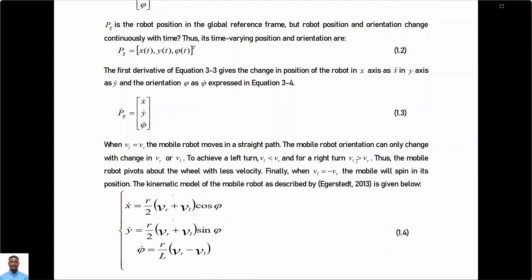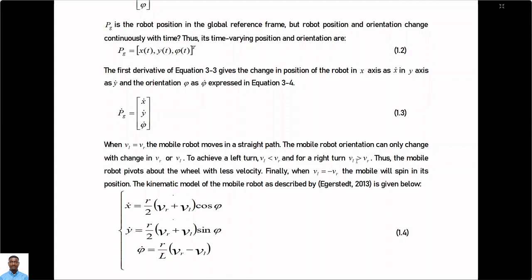So for a differential drive to turn to the right, the velocity of the right wheel will be less than that of the left, so that the robot pivots around the right wheel, which has the lower velocity.